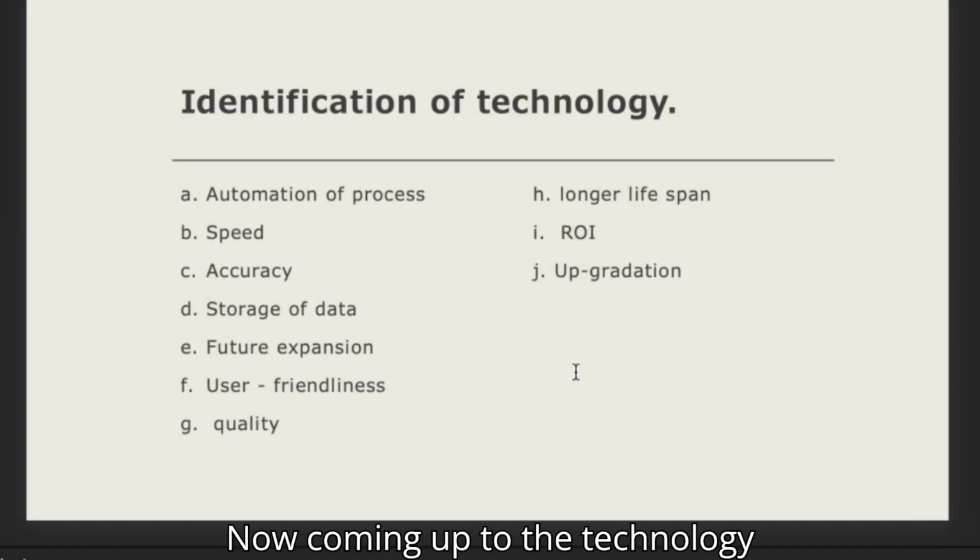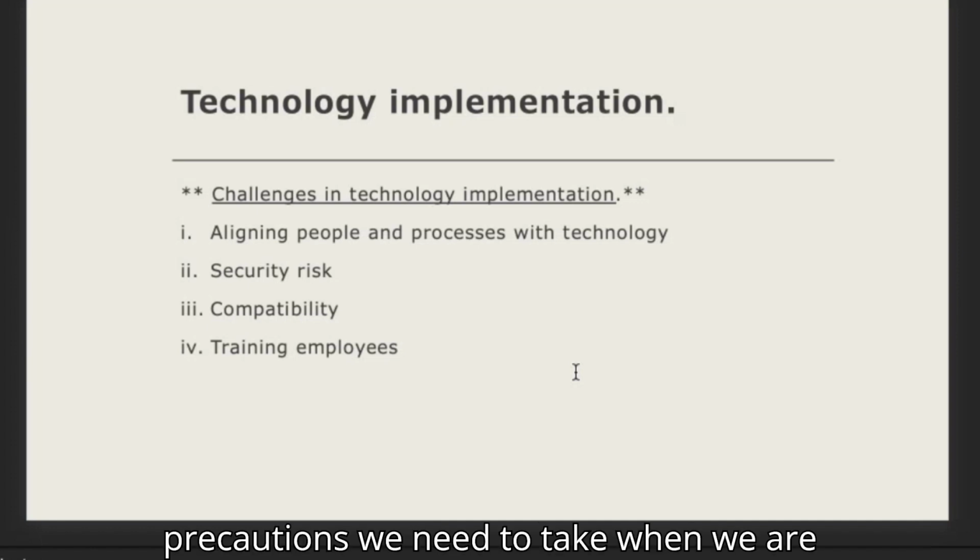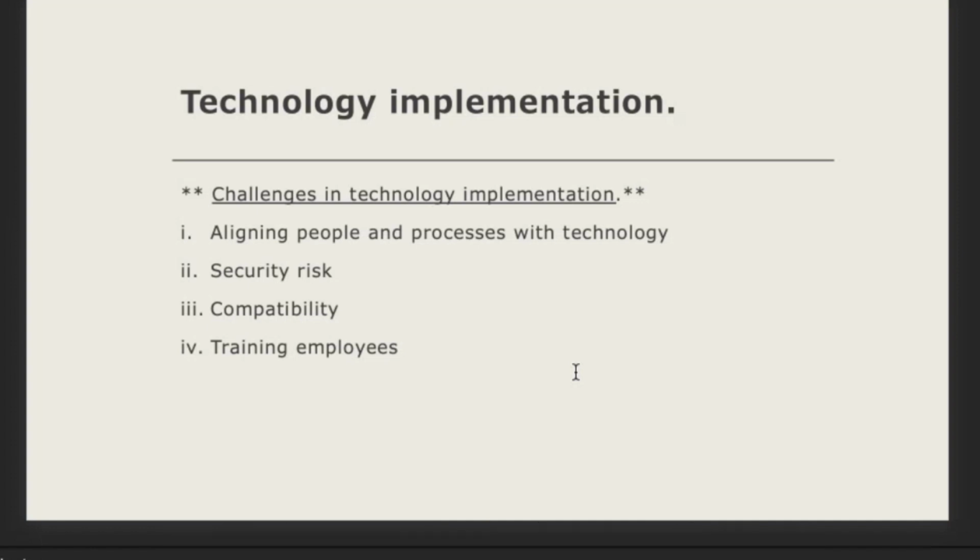Now coming to the technology implementation. What technology do we need to implement? Here we face some challenges. So we need to understand the precautions we need to take when we are importing the latest technology for our plant, for our machinery, and for our work process.